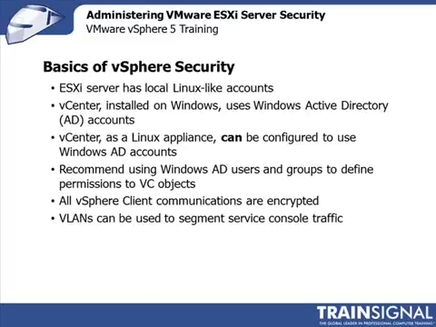So there, the default administrative account is the Windows Administrator account. So you've got ESXi with root, you've got vCenter with administrator. If you use the vCenter Linux appliance, it can be used to authenticate through Windows Active Directory, and I show you how to do that in the lesson for the VCSA. However, by default, it's got those same Linux-like accounts, so the default account on the VCSA is root.